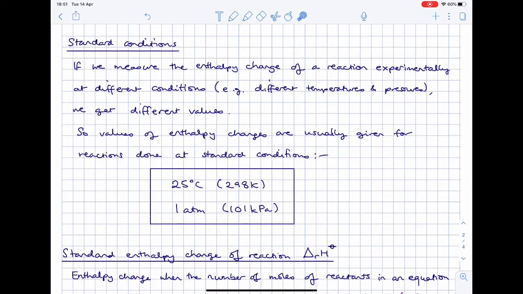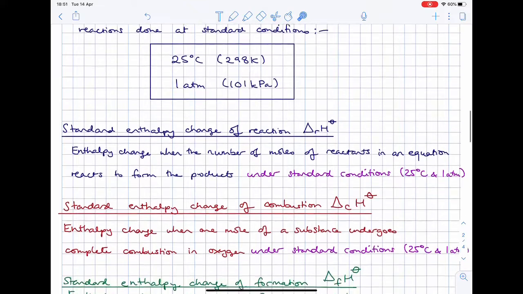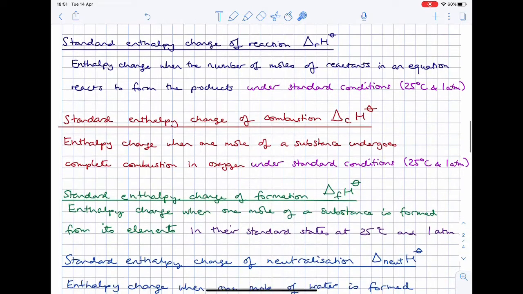Knowing this, then we can adjust some of these definitions of enthalpy changes for standard conditions. So the enthalpy change of reaction was defined as the enthalpy change when the number of moles of reactants in an equation reacts to form the products. So that's any written down equation we're given, we can have an enthalpy change provided for.